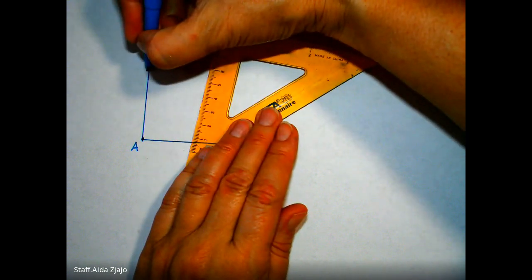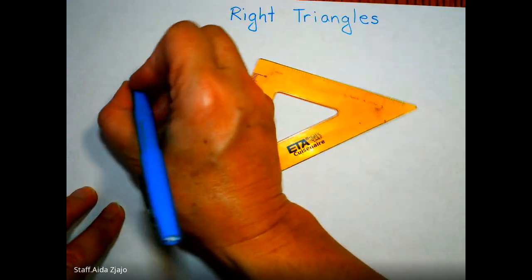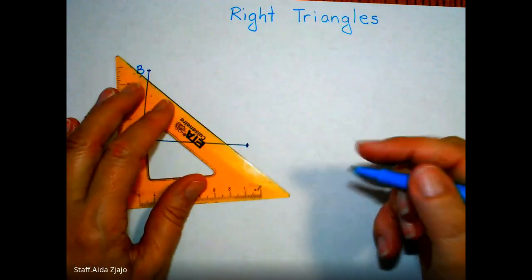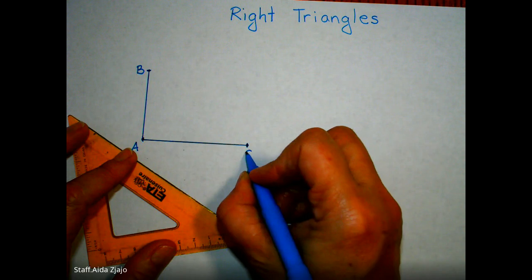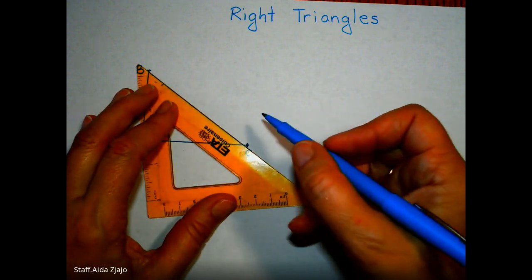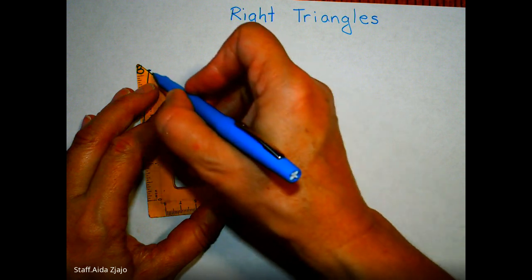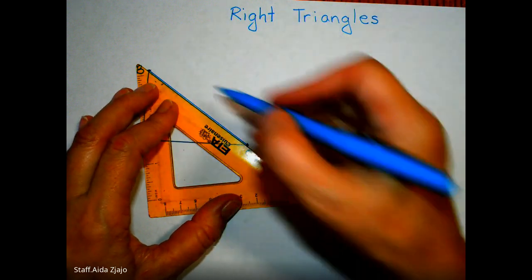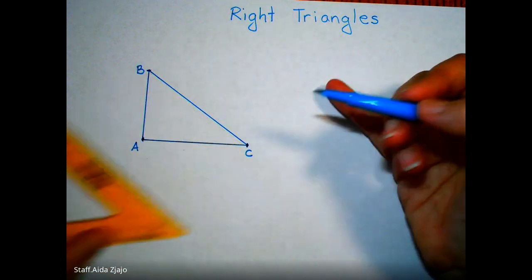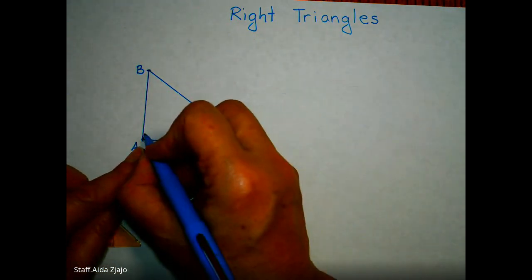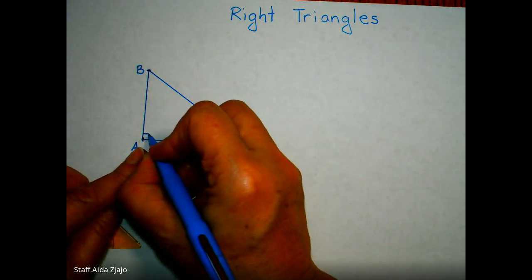And here is my point B, and all I need to do is connect point C with point B, and I will have a closed polygon called a right triangle. A right triangle has a symbol that is like that.